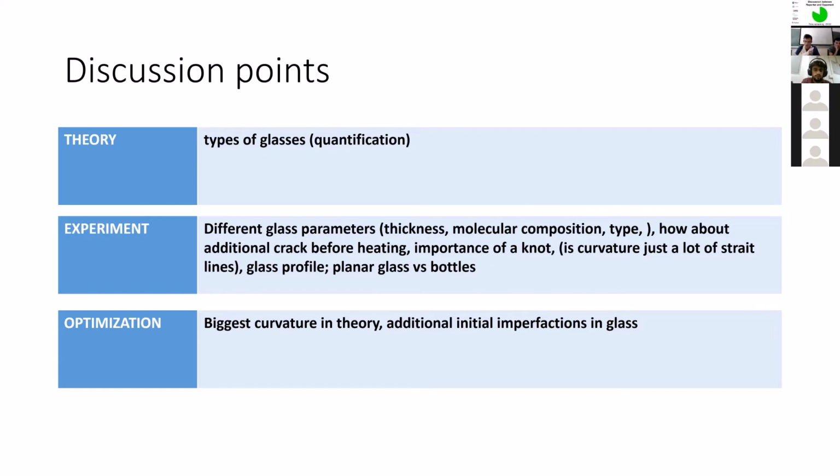Did you consider maybe making some cracks with, for example, a knife in the glass before, some wavy curve with a knife on the glass before burning? And do you think this would affect the cracking of the glass?